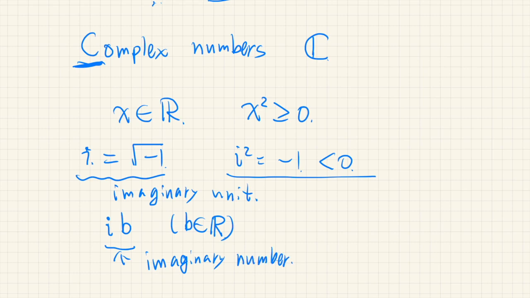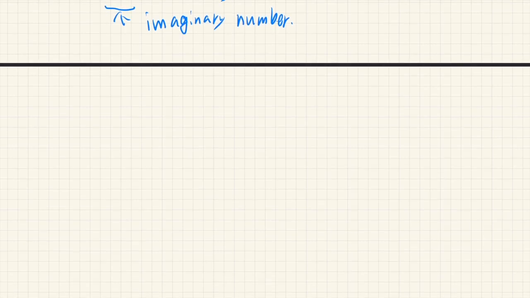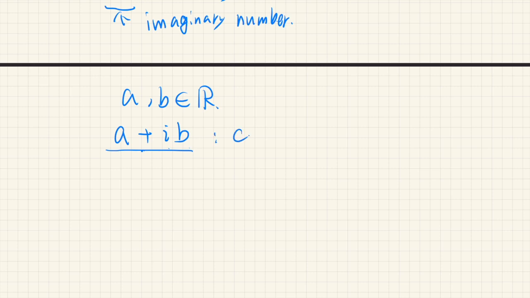For any real numbers a and b, we formally write a number like this, a plus ib. What this addition means is not really clear, but we just treat this as a formal number, and this is called a complex number.